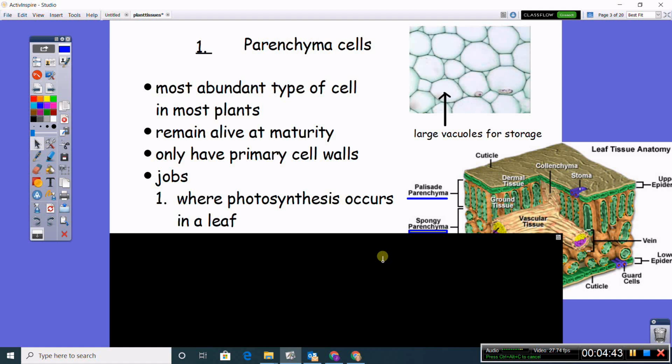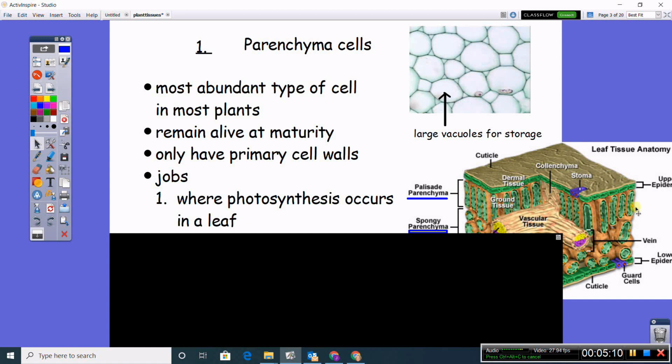So some of the jobs of parenchyma cells, this is going to be where photosynthesis occurs in the leaf. So if you think back to when we learned about the light reactions and we were learning about where in the plant photosynthesis occurs, you did see a picture that was kind of like this. You at least knew that you have palisade. Now, we didn't call it palisade parenchyma.